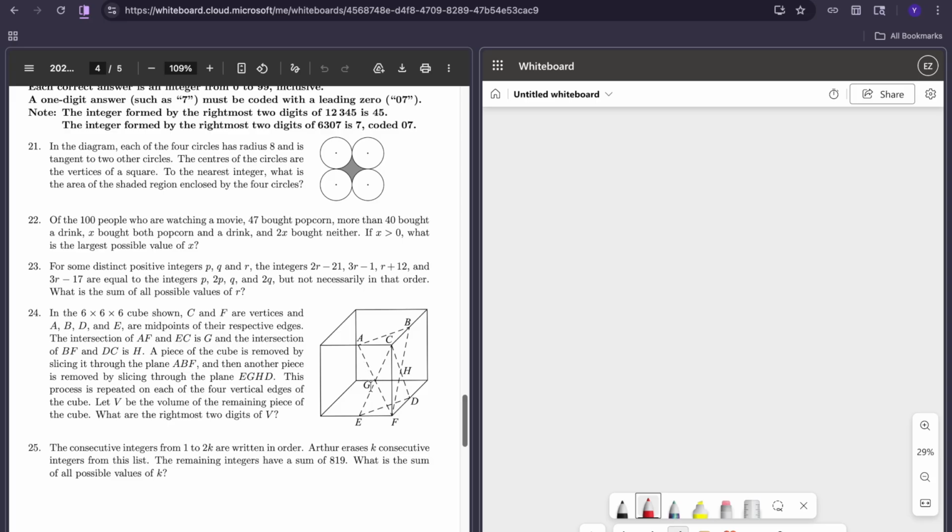So this means EG is equal to length CG. So this means CG is equal to 1/2 EC.